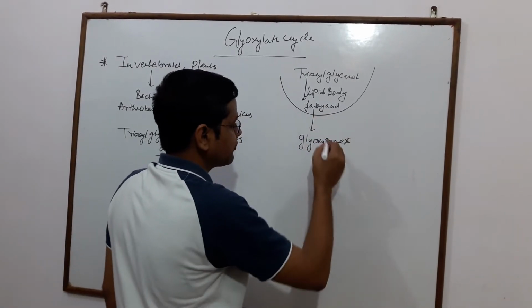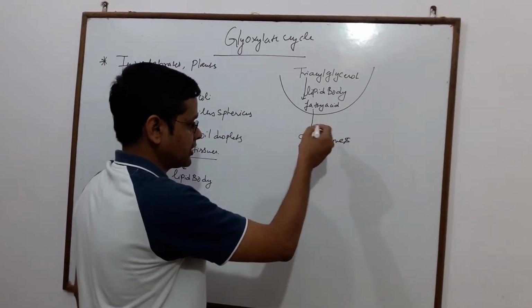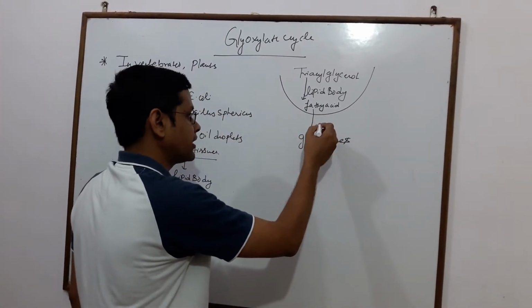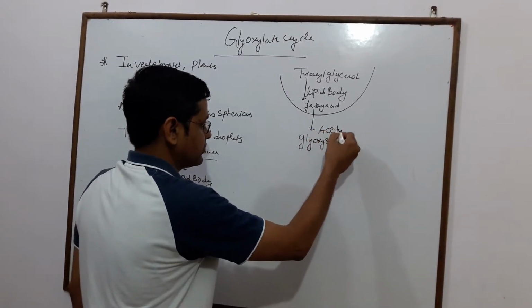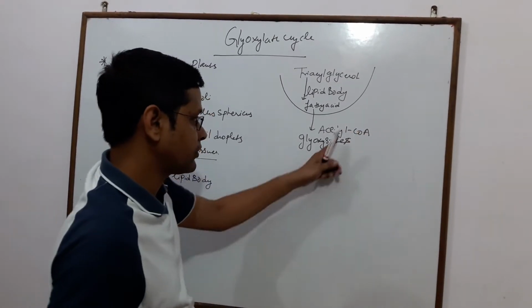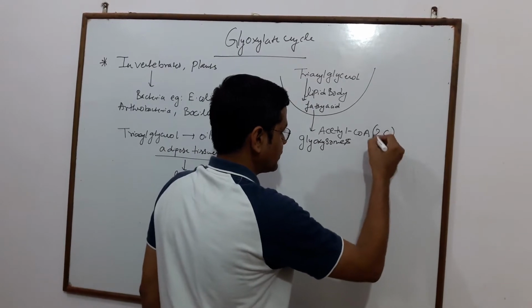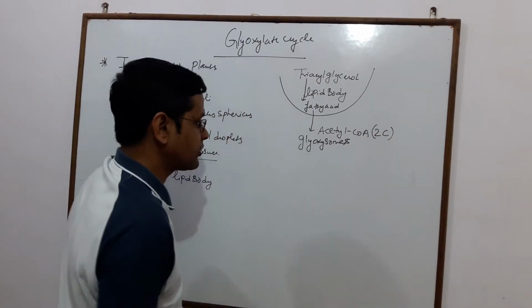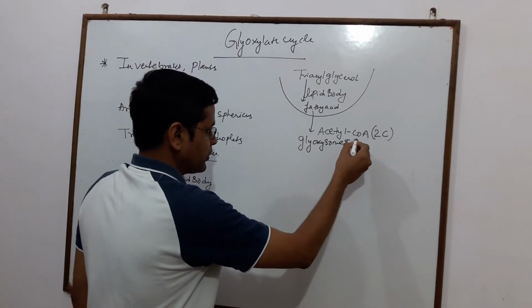When this broken fatty acid comes into the glyoxysomes, it is oxidized again and becomes acetyl coenzyme A, which is a 2-carbon compound, and this acetyl coenzyme A combines with oxaloacetate.